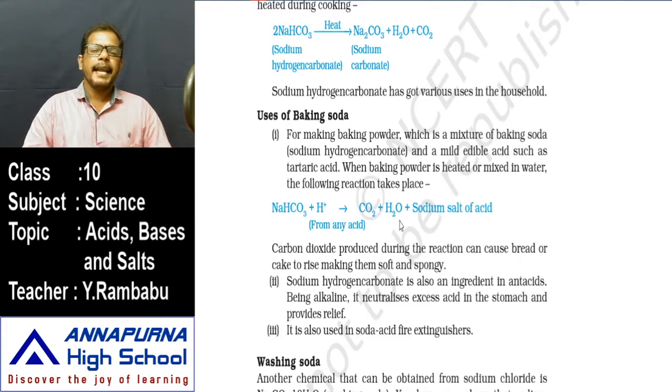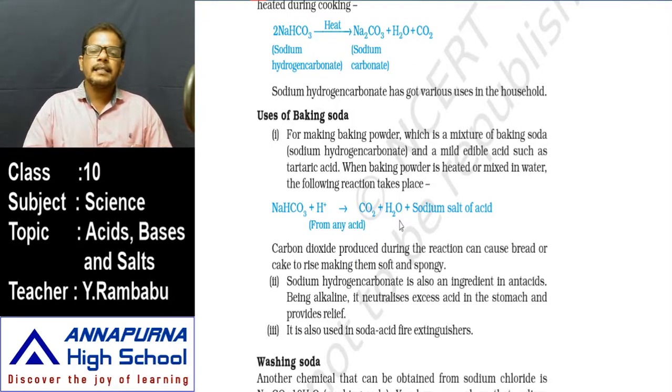Generally in bakery items only baking powder is used, not cooking soda. Why is it used? If only cooking soda is used, it reacts and sodium carbonate is formed, and the food material is not better in taste. Why? The sodium carbonate is basic in nature.